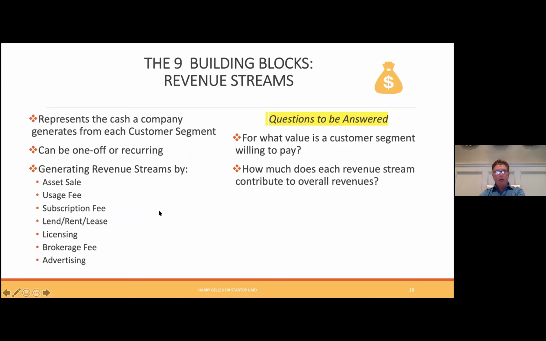The next building block is the revenue streams. The revenue stream simply represents the cash a company generates from each customer segment. It can be a one-off, meaning it happens once, or it can be recurring. And generating revenue streams by various things. There could be an asset sale, you're selling something.